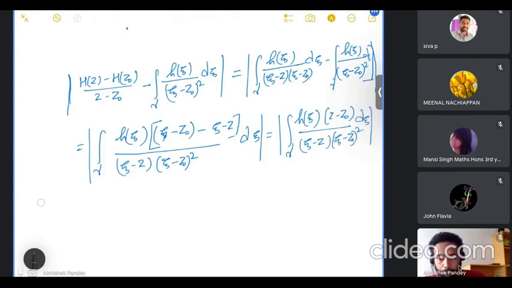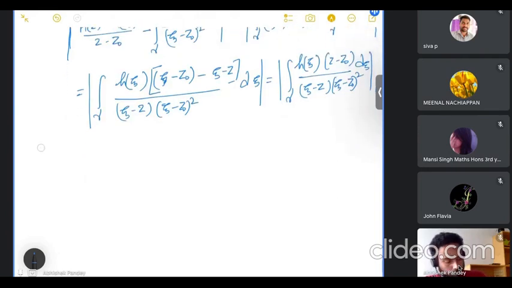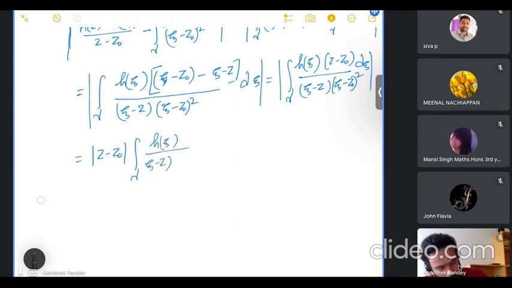Okay. So now you can take out this modulus of z minus z naught outside, and this is now h of xi upon xi minus z into xi minus z naught square d xi.